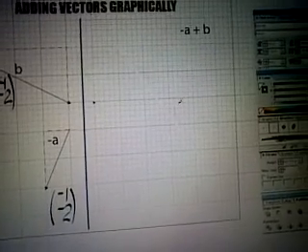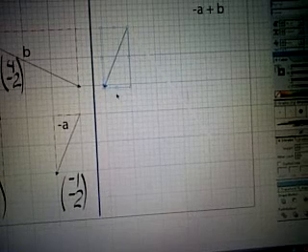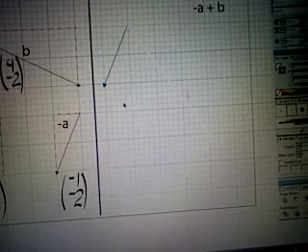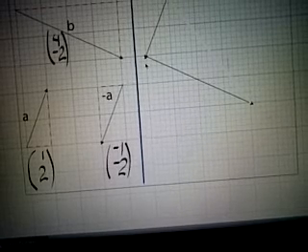Now we're going to add negative A to B. Negative A plus B. The first thing we need to do is to represent on the graph negative A plus B. So we have the vector negative A, and then we add to it the vector B. Note, negative A is the same as we have over here, where it is negative 1, negative 2.